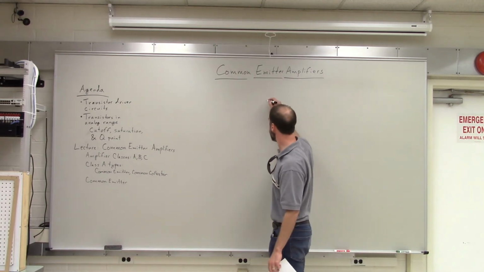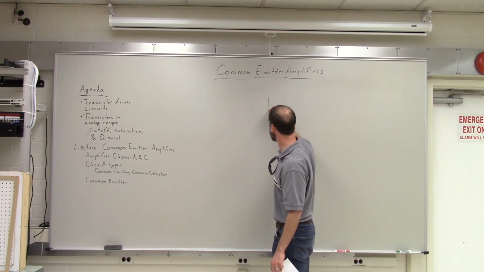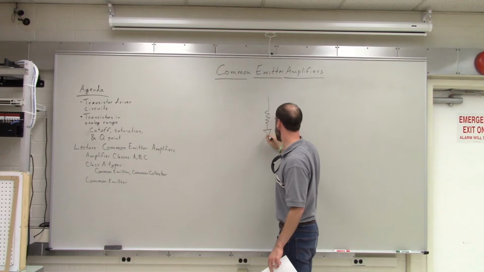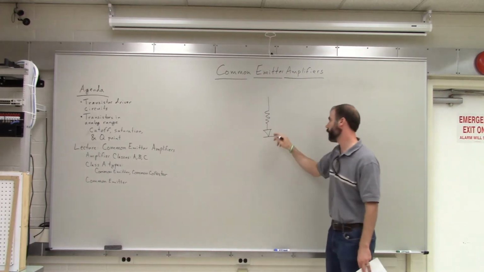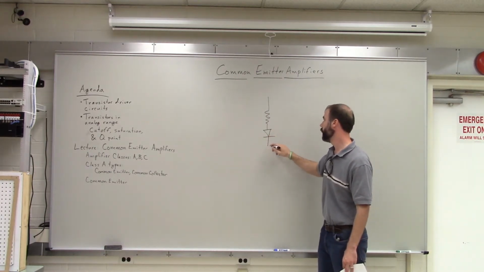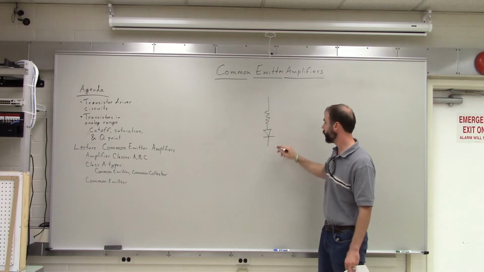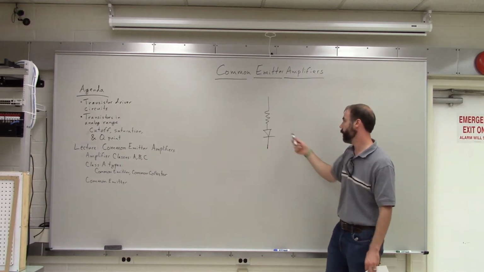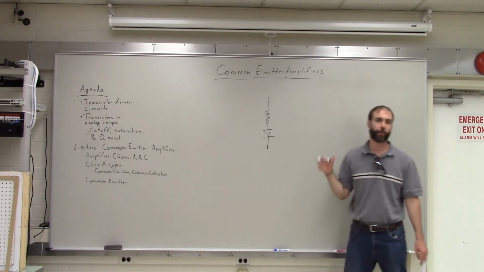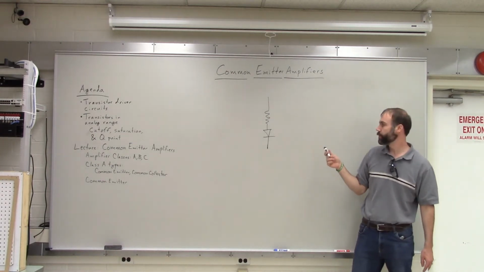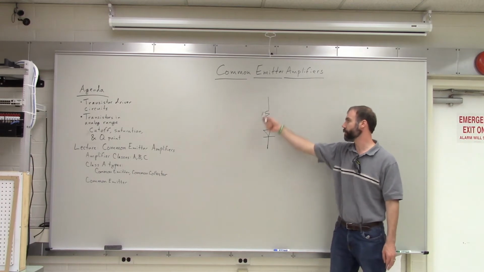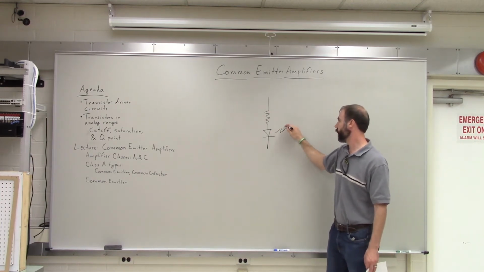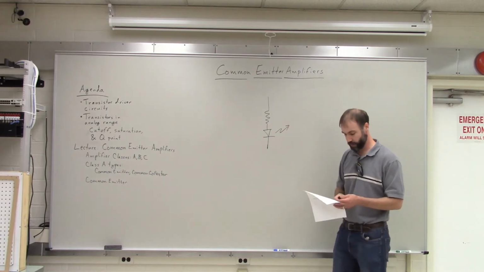So the way that they worked was we had something that we wanted to power, such as an LED, and we had a resistor that would limit the amount of current that was going to that LED. So when we were designing these circuits, we would start off just by looking at this part of the circuit. And we would figure out how much current we wanted to go through our LED.